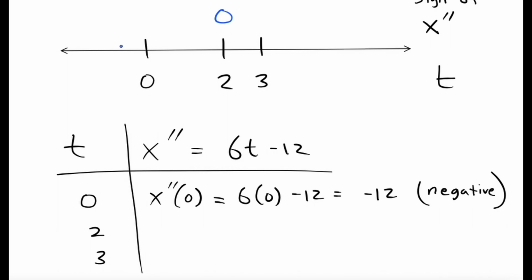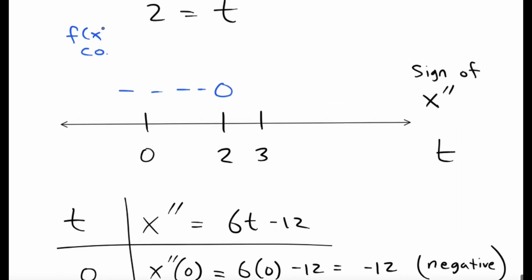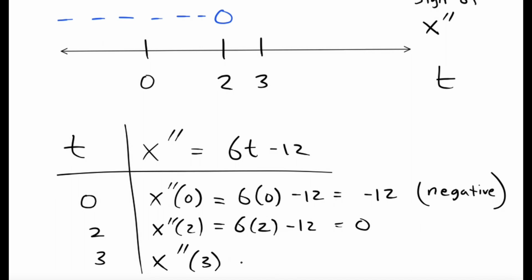I get a negative result for the time of 0. And what that's going to indicate is that our original graph, f of x, is going to be concave down for that interval. x double prime of 2 is of course 0, and let's find x double prime of 3.